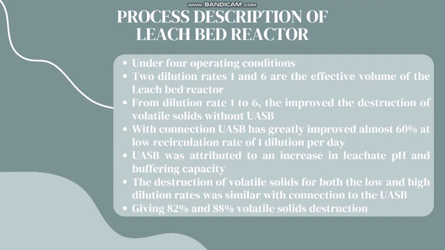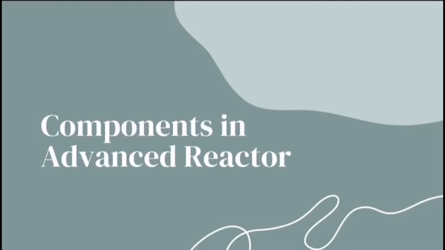The destruction of volatile solids for both the low and high dilution rates was similar with connection to the UASB, giving 82% and 88% volatile solids destruction respectively. Then this is the end of my part. Thank you.